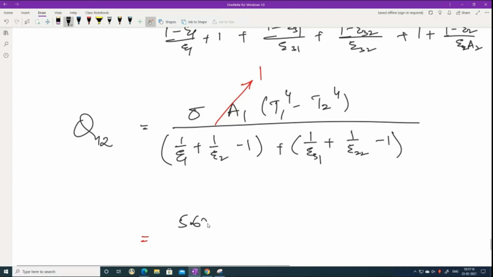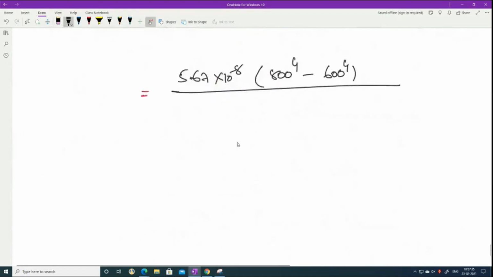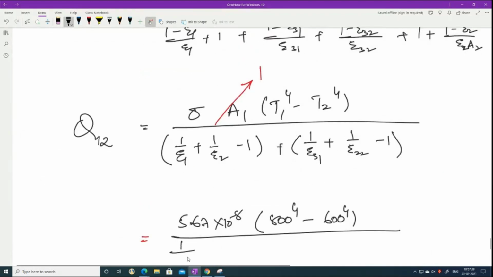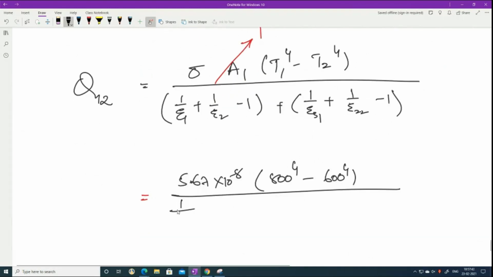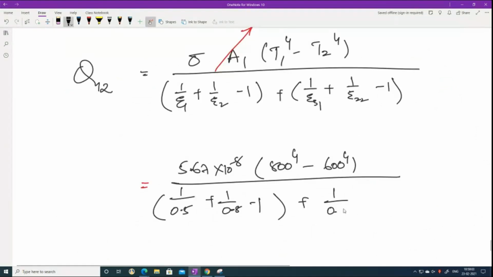The sigma value is 5.67 into 10 to the power of minus 8 and the T1 value is 800 given in the question, 800 power 4 and T2 600 power 4, by what is epsilon 1, given 0.5, and epsilon 2 0.8. 1 by 0.5 plus 1 by 0.8 minus 1 plus 1 by epsilon 31, which is 0.1 in the question, and this is 0.05, minus 1.